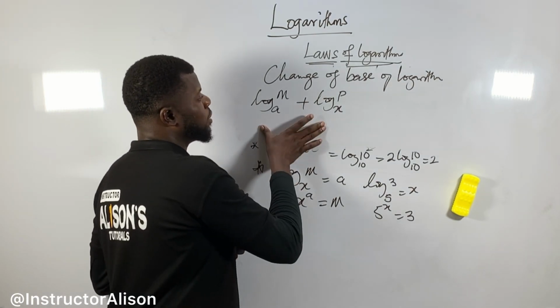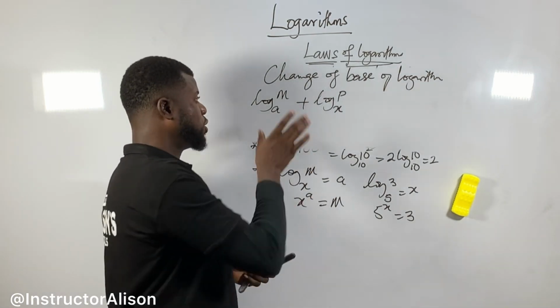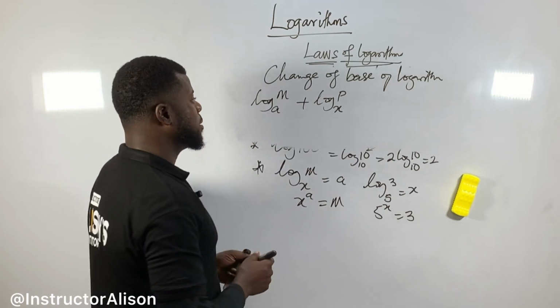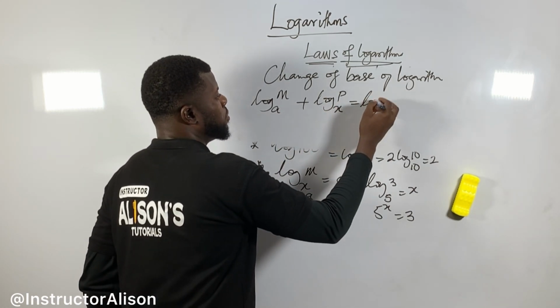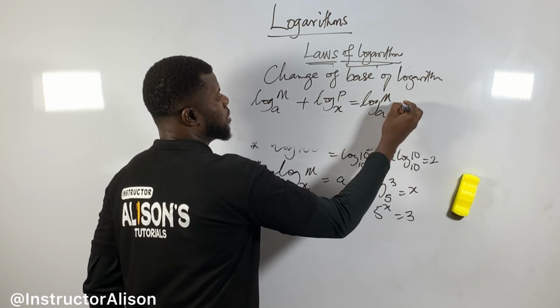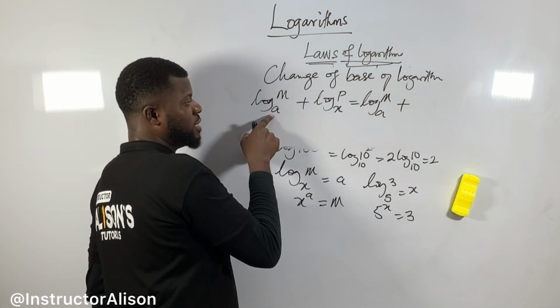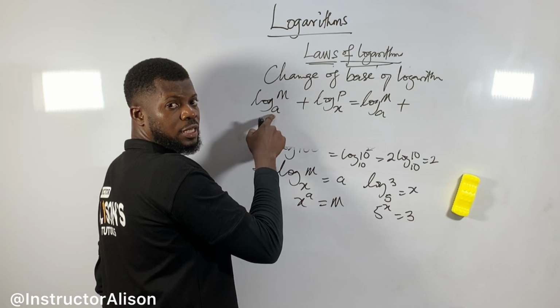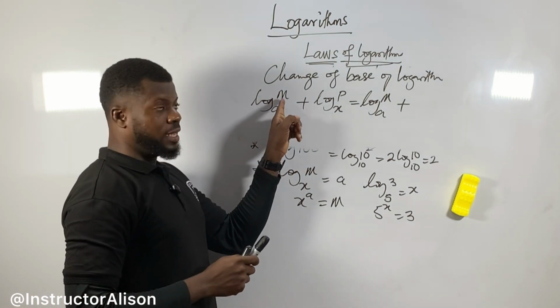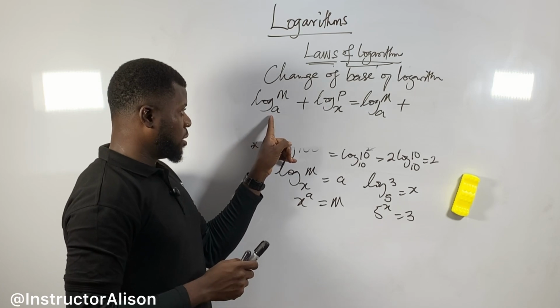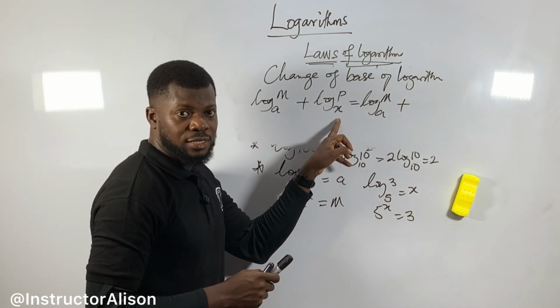So if I give you this kind of problem, how do I solve this change of base of logarithm? See the formula. The first thing you will do, take this one as the logarithm of m to base a plus this one. The leading base is a, so I will take this log, I'm not going to talk about the m again. Log of base a, I will use and relate with p and x.